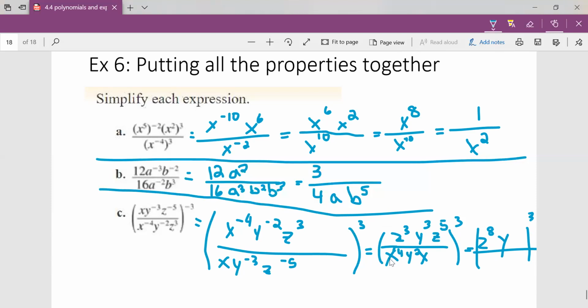And then I have x to the 4th and x on the bottom, which is going to give me x to the 5th. And now the only thing we have to do is take that exponent of 3 on the outside and distribute it. So z to the 8th to the 3rd is z to the 24th. Then I have y to the 3rd over x to the 15. And that's your final answer.